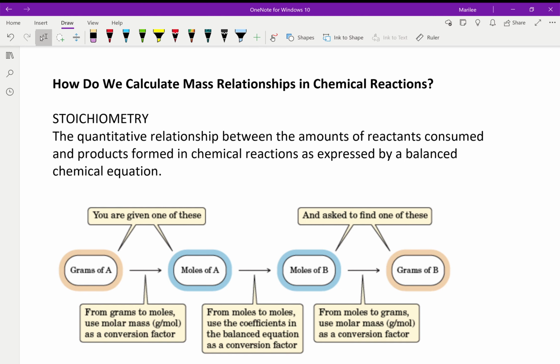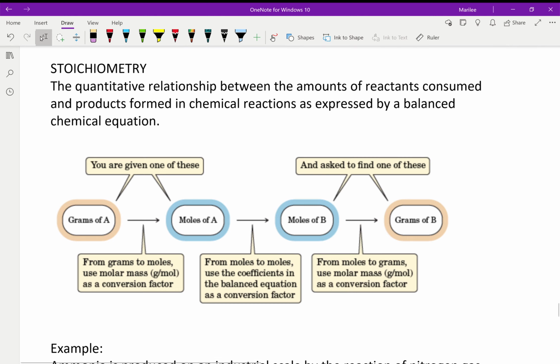The values that I figured out are the stoichiometry. So in an example, we would be given either grams of compound A or moles of compound A, and we need to convert it into moles of B or grams of B, right?